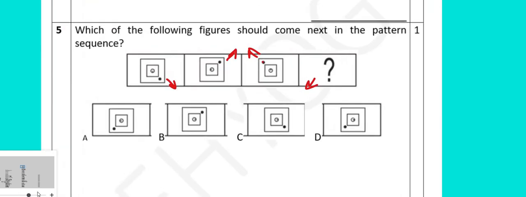Now let us look at the figure inside of it. In order to do so, I'll just zoom up the screen so that we can have a better look. So now if we look at the figure properly, the circle has a line inside it. So this line right here in the first figure is pointing downwards, and this one is pointing left, this one is pointing upwards.